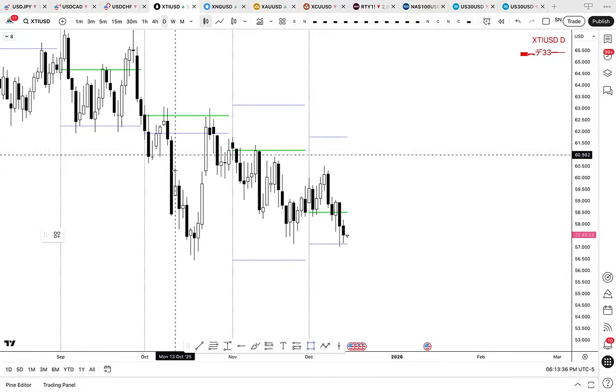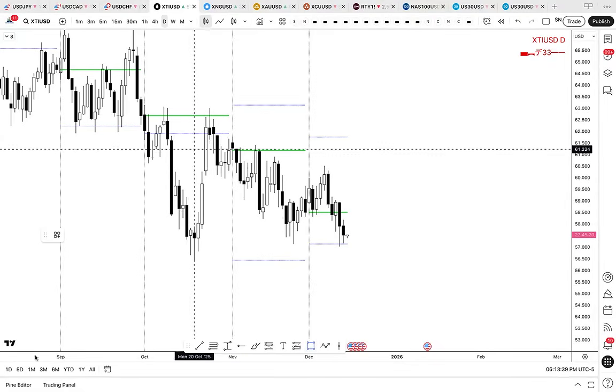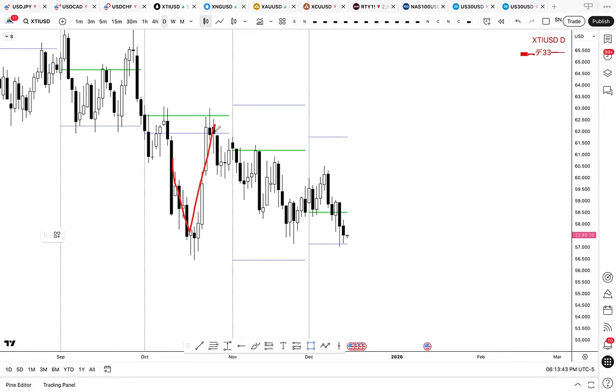You see how they broke out and pulled back here? Breakout, pull back. And then they put in a low and pull back. This is our initial breakout right here because this is our shortened M.